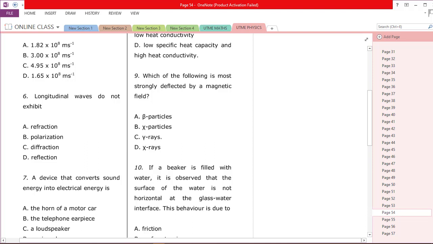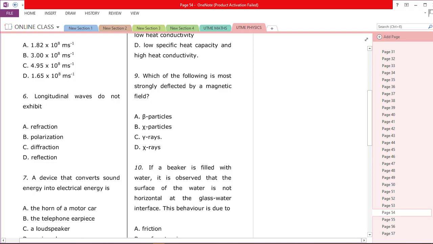If you remember in radioactivity, where the ray from uranium is passed into the Geiger-Muller tube, one of the particles is deflected slightly, that is alpha particle. One is deflected strongly, that's beta particle. And the last one is not deflected, gamma ray.